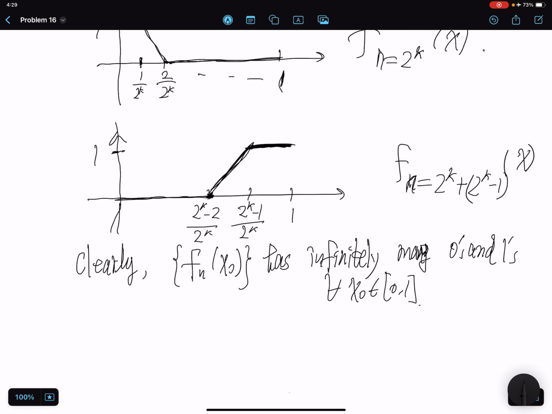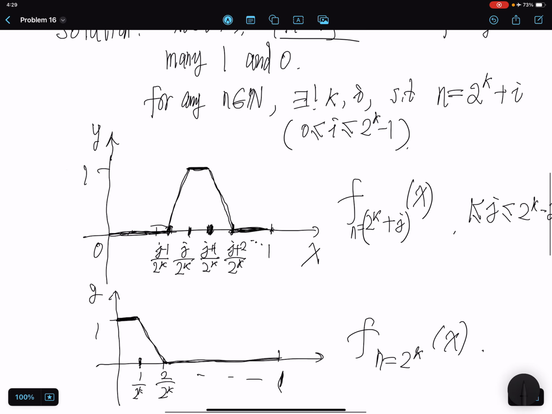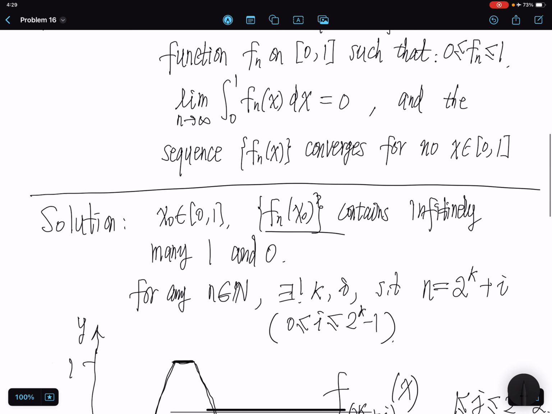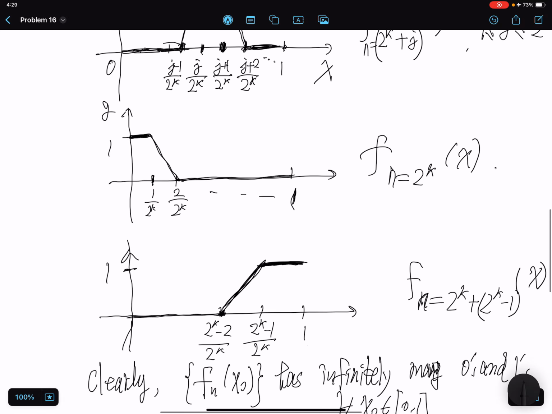Now we check: of course, this is between 0 and 1, because we required it. Now let's check the integral.